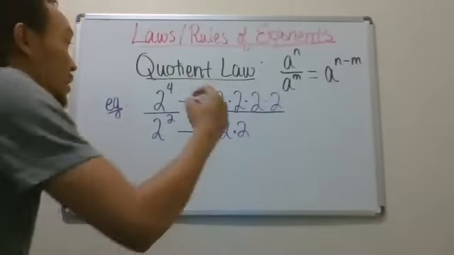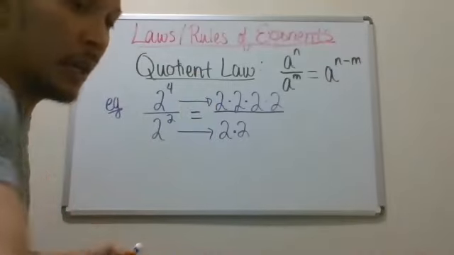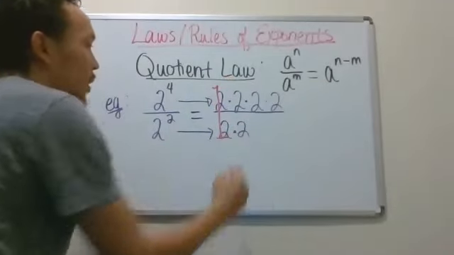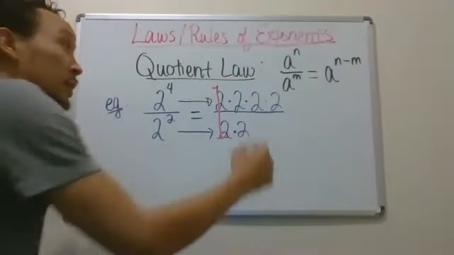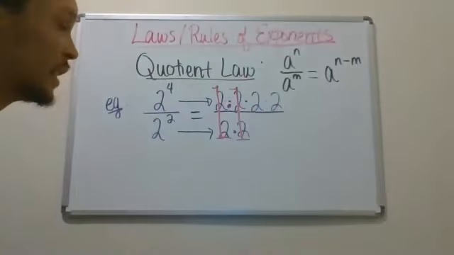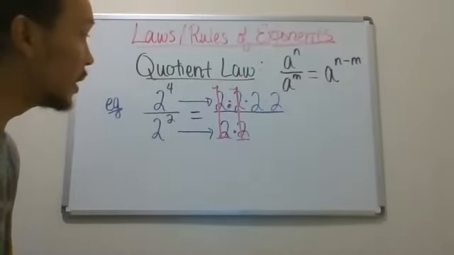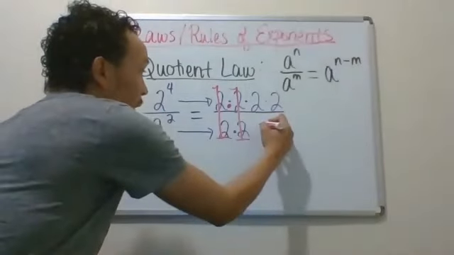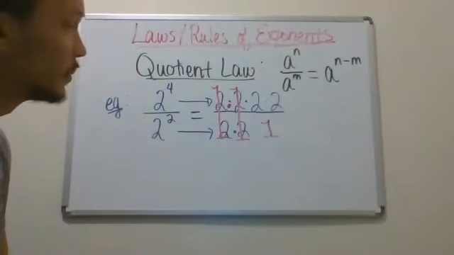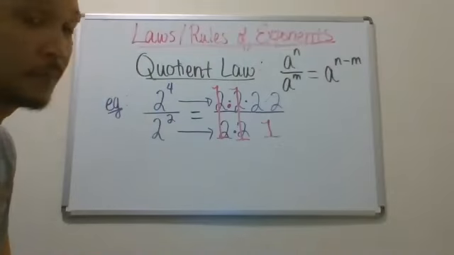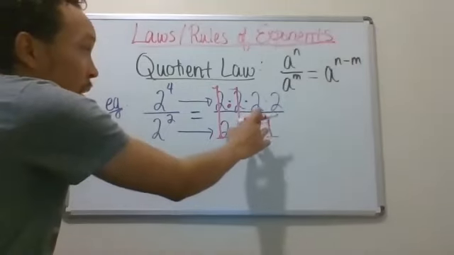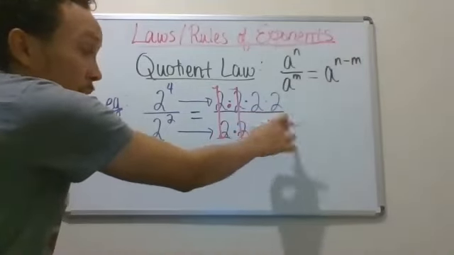So 2 divided by 2 gives me 1. 2 divided by 2 gives me 1 as well. So 1 times 1 is just simply 1. So therefore, we have a 1 also in the denominator. 1 times 1 is equal to 1. So times 1 is still going to be there.